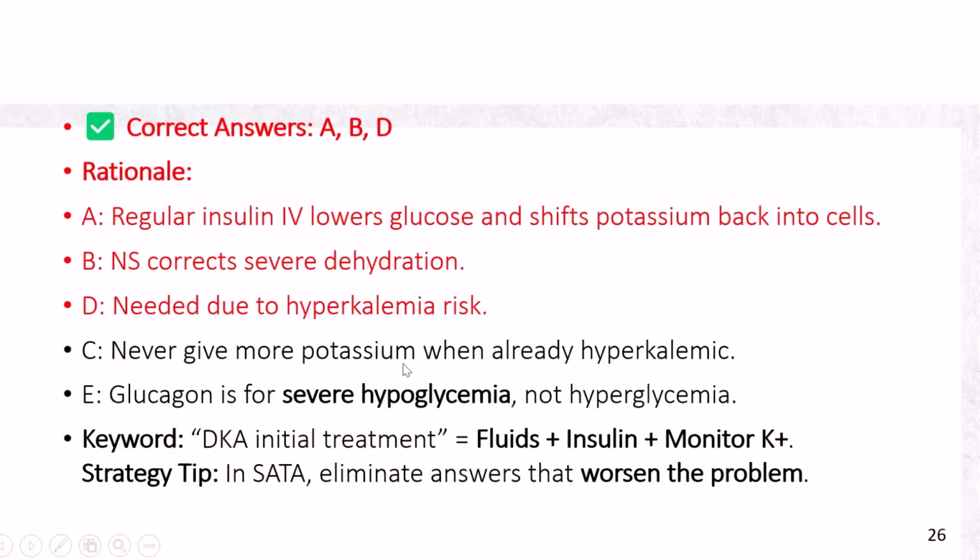So we don't give more potassium. And remember, glucagon is for hypoglycemia. So if you choose glucagon, you are not a safe nurse. So the key word here, DKA: always remember hydration, hydration, hydration, insulin, insulin, insulin, and then monitor your potassium, okay?